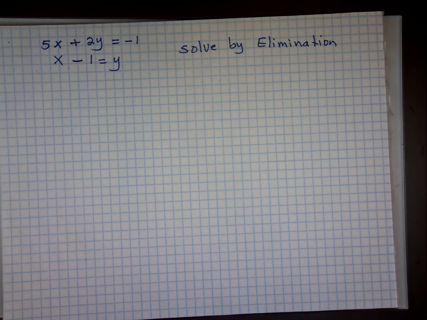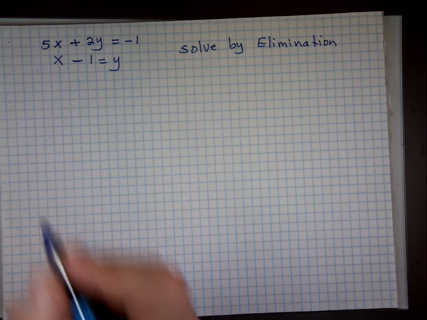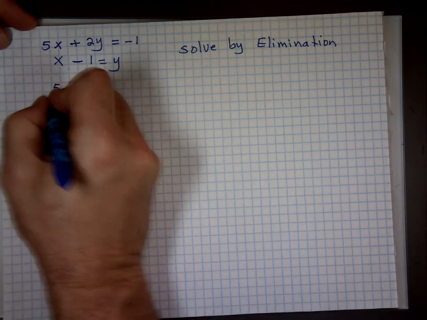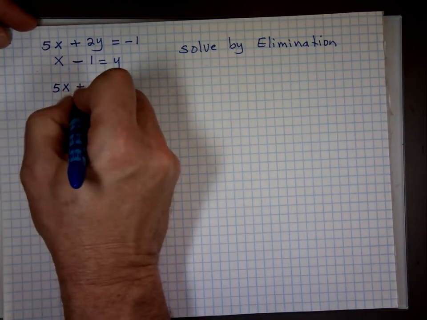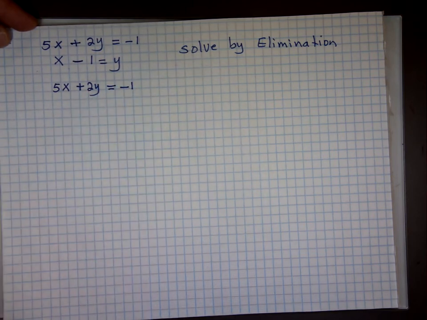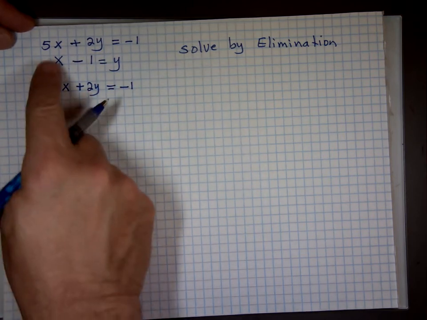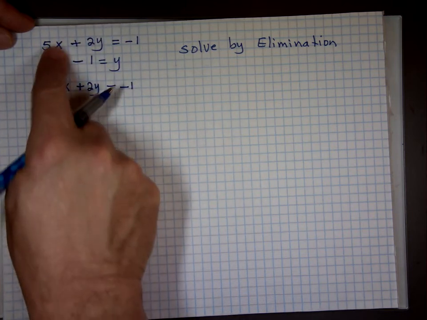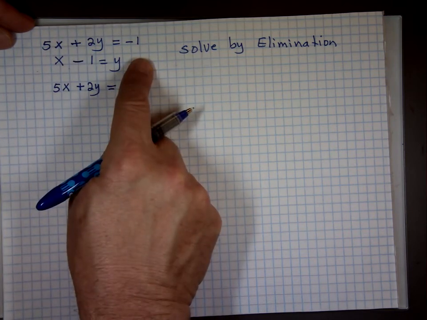Let's rewrite them a little bit. I don't like the way this problem is written. Let's put the x and the y on the same side. Now, if I move the x to that side, notice if I take the x to this side, I'll have negative x plus y, right?